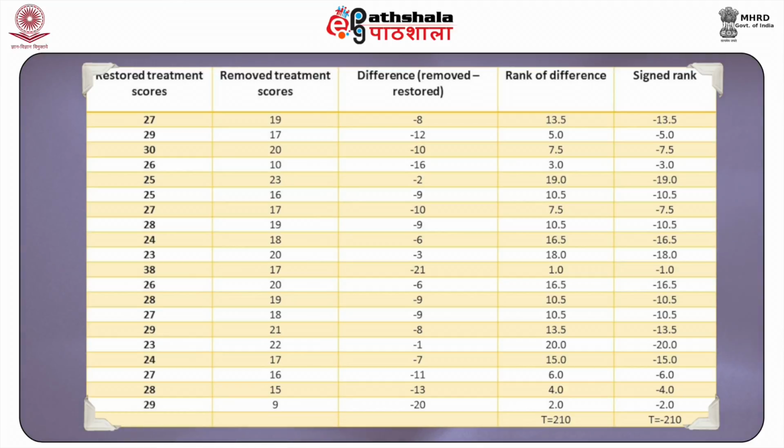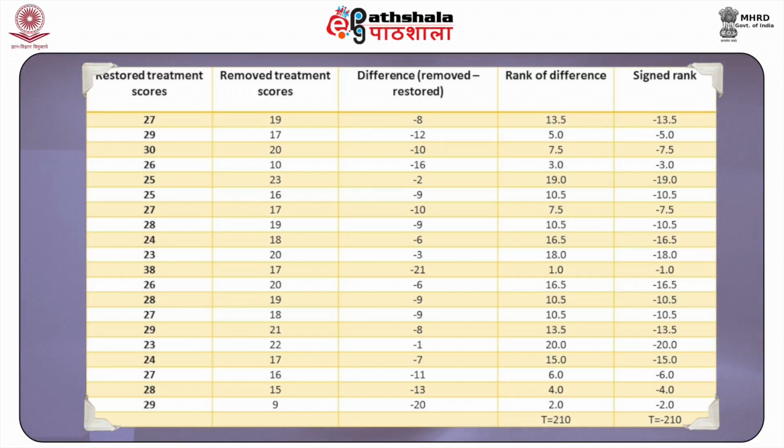Let us look at the other set of data in table C. For Wilcoxon sign rank test, when it compares restored treatment scores to the removed treatment score, we find column 1 giving us the scores of restored treatment, column 2 removed treatment scores, and the third column gives us the difference in the treatment scores, that is removed minus the restored.